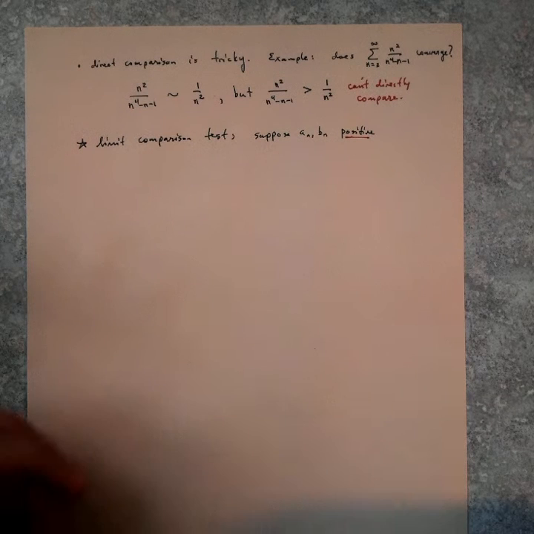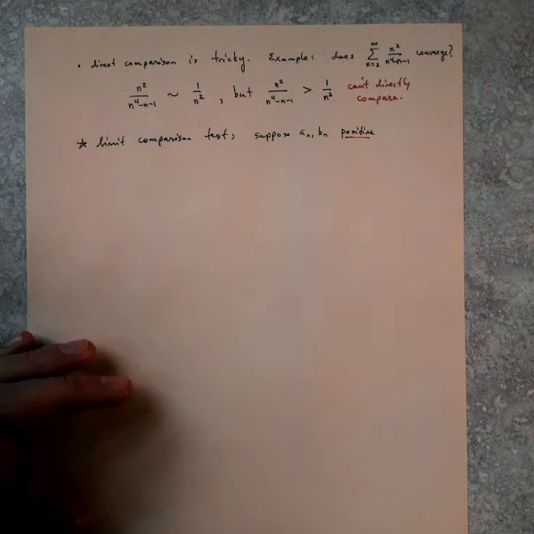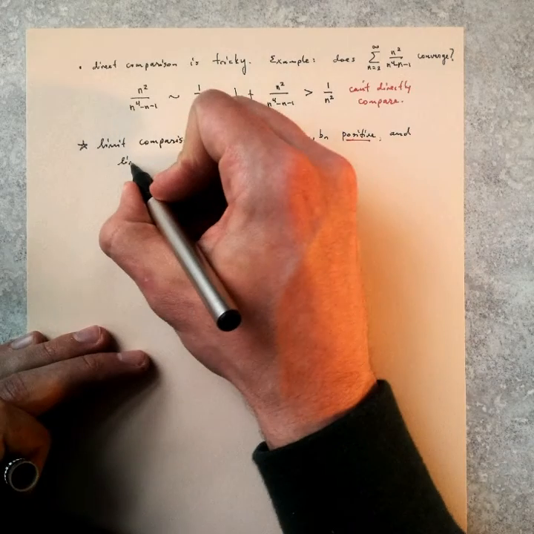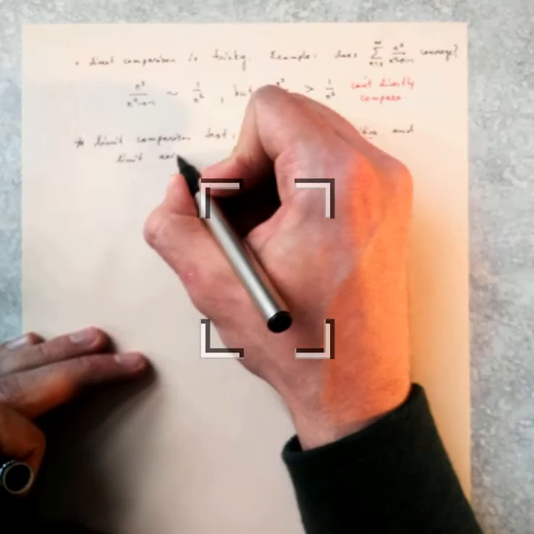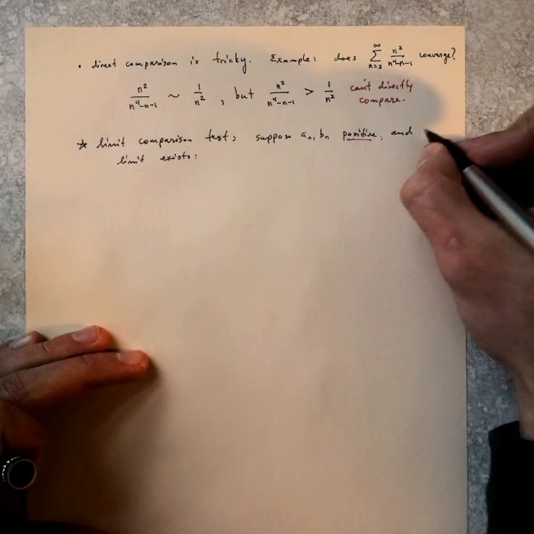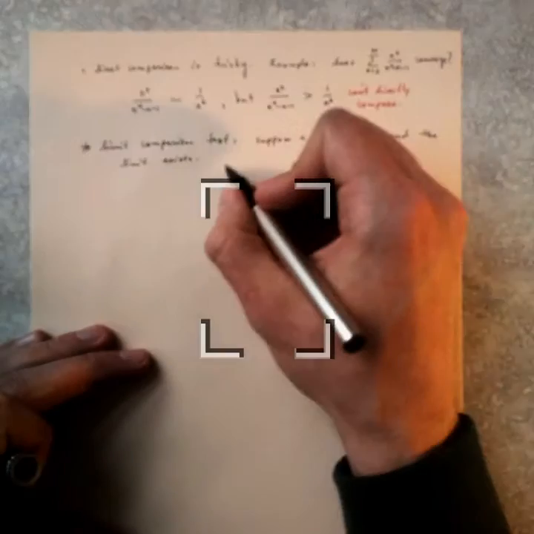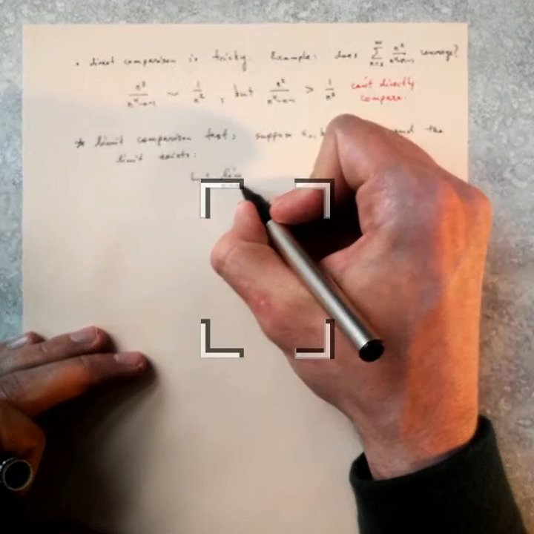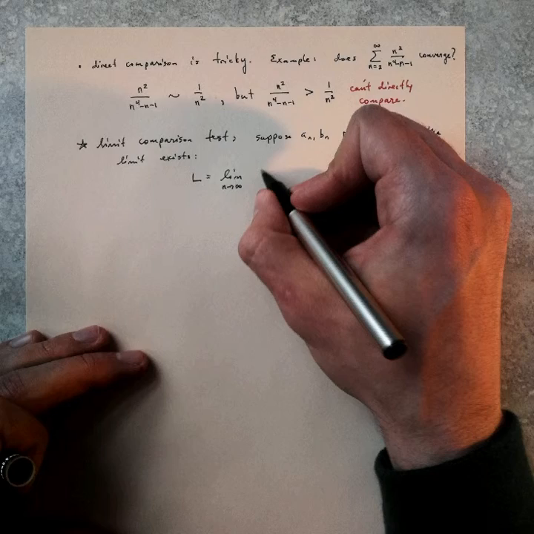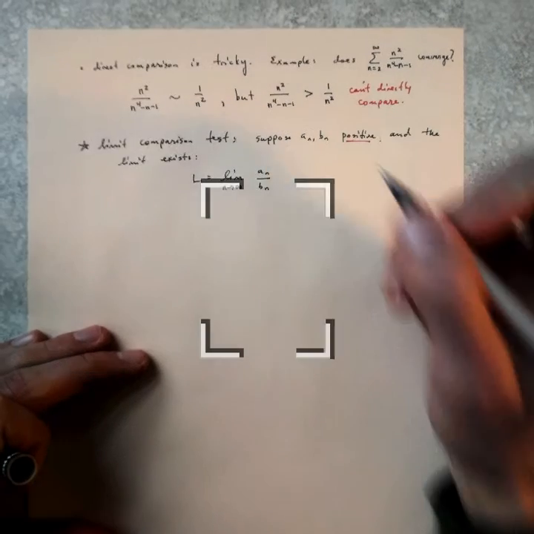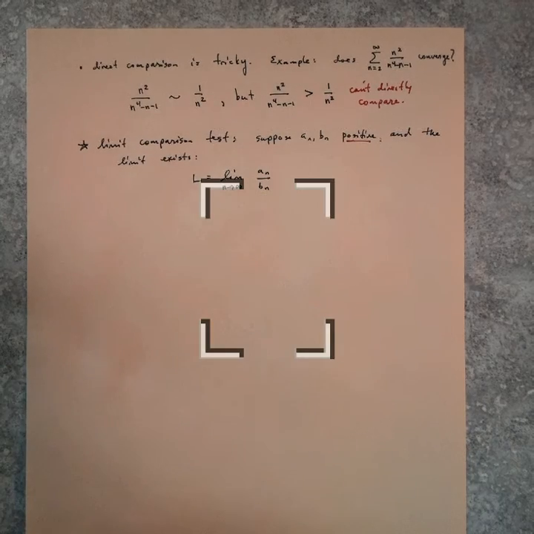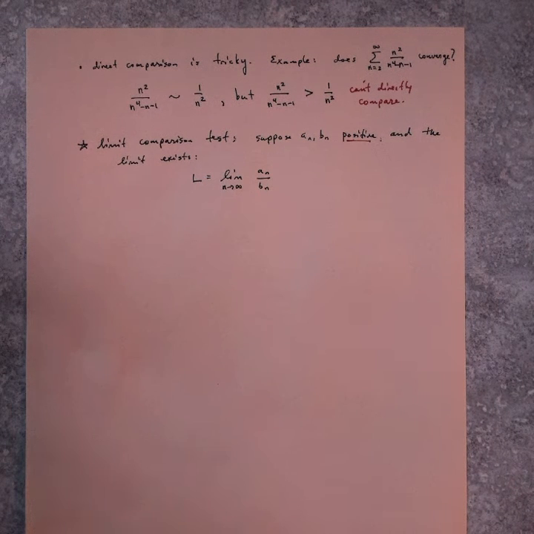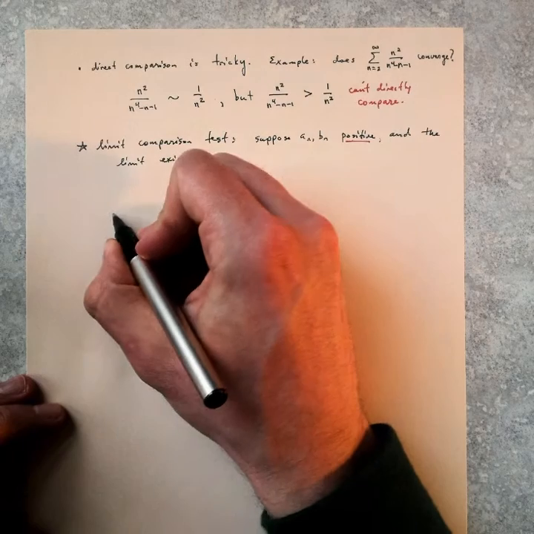So I'm assuming that the terms are positive, and this limit exists. So when I stack them up, I get an honest limit. Okay, then I have some cases.